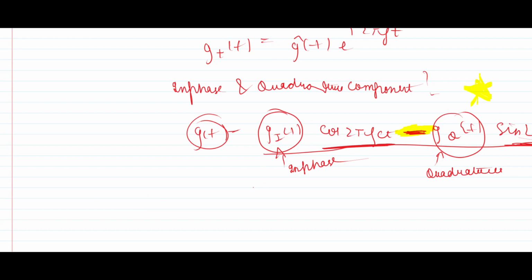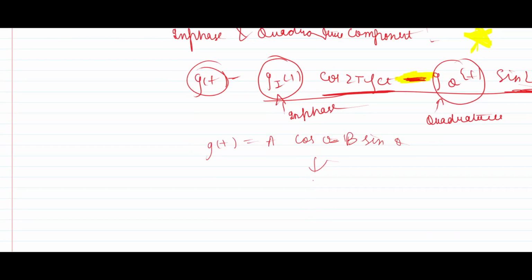First, I'll tell you a simple basic thing that you all must be aware of. If you have g(t) like A cos theta minus B sin theta, how do you solve this? It can be converted as under root A square plus B square, which is the magnitude, cos of (theta plus tan inverse B upon A).